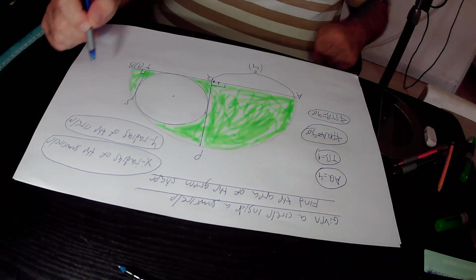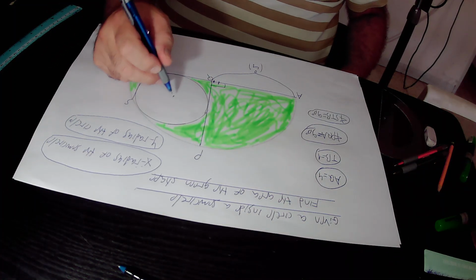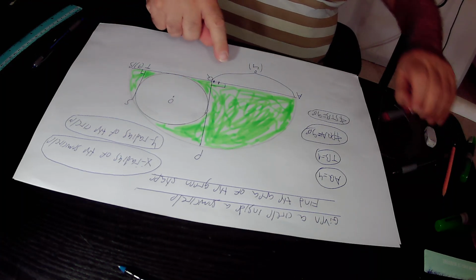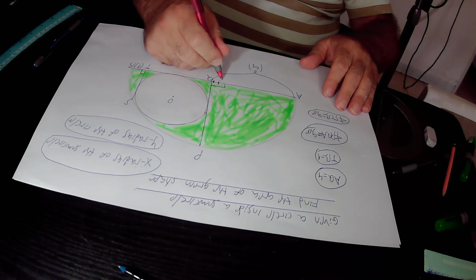And we'll also define the center of this small circle. This point is point O. And we define the center of this big semicircle. This point is point C.